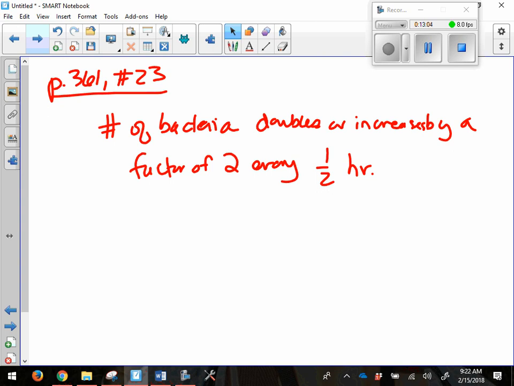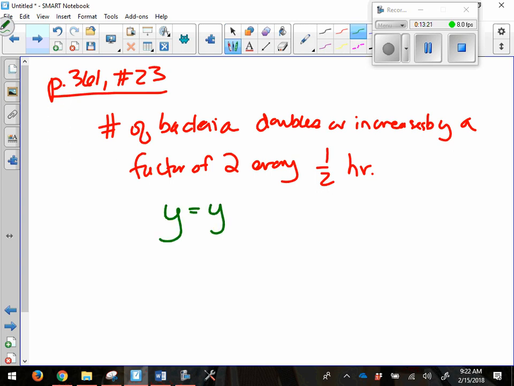So part of what this problem is trying to show us is that we don't always have to use e as our base. Sometimes it makes a lot more sense to use something else as a base.